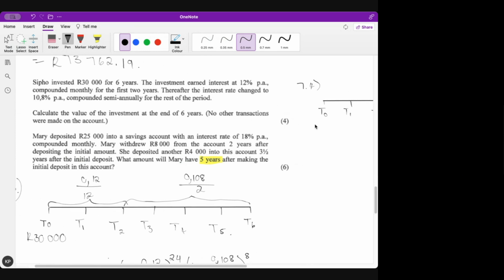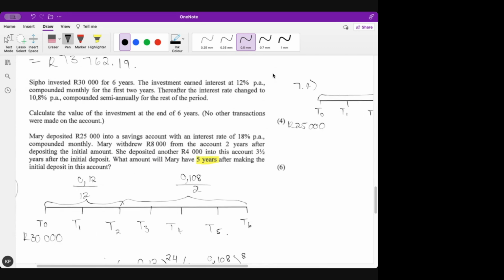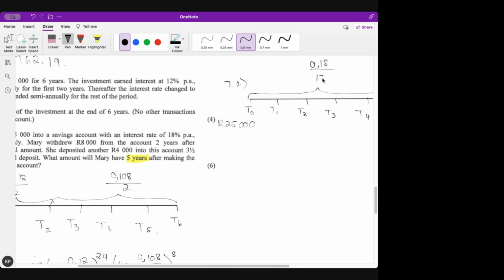So initially at the beginning, this is 25,000 rands, at an interest rate of 18% per annum compounded monthly. So it seems we don't have an interest rate change here. Do we see that? All we have is withdrawals and deposits. So over the whole 5 years, I have an 18% interest rate that is compounded monthly.